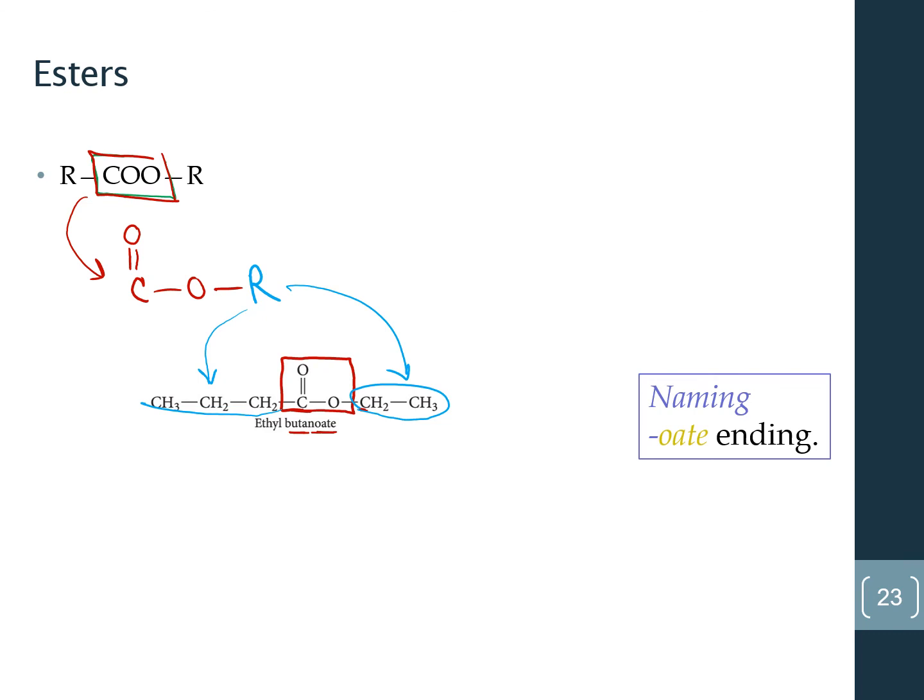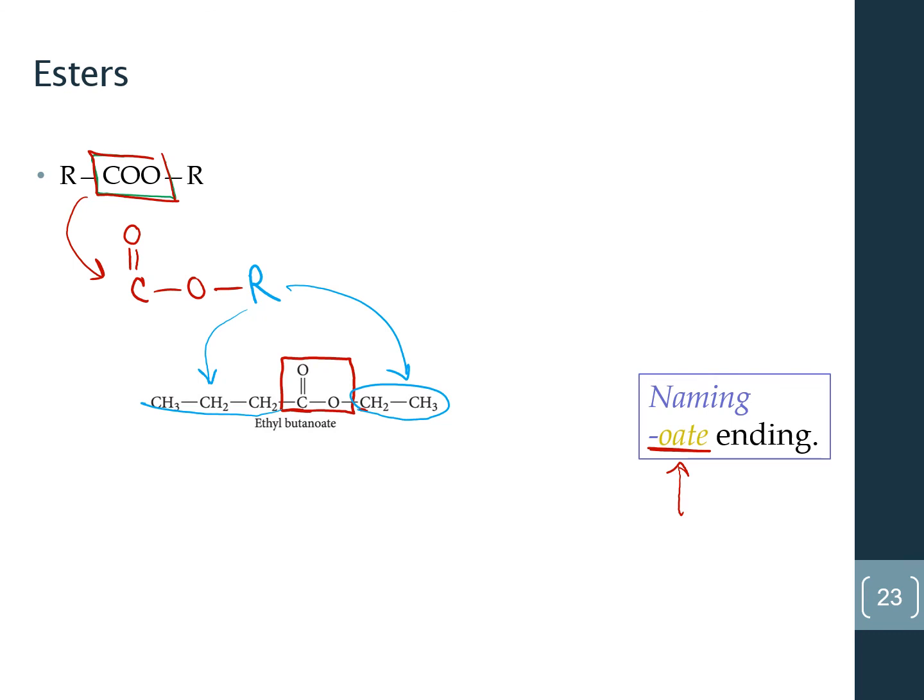So you have the ending of the name for esters. It's OATE. So you can recognize, based on the name, if you have just the name, not the formula, and the name of that compound ends with OATE, it means that whatever compound you have is going to be classified as an ester.